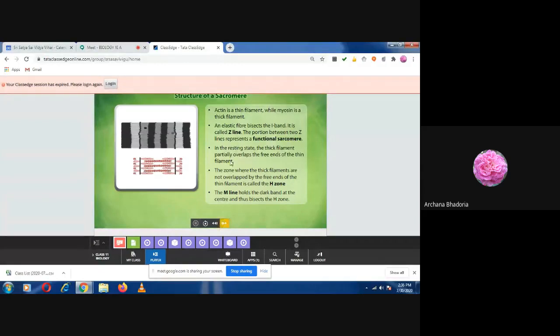Are you getting this point? After writing this structure, then you write down that in the resting state, the thick filament partially overlaps the free ends of the thin filament. Noted? Yes. So this is your structure showing.